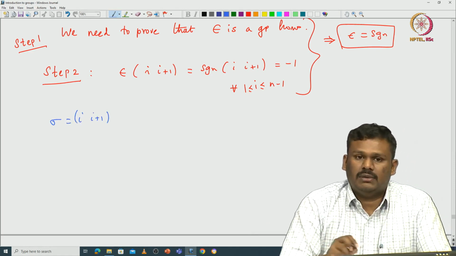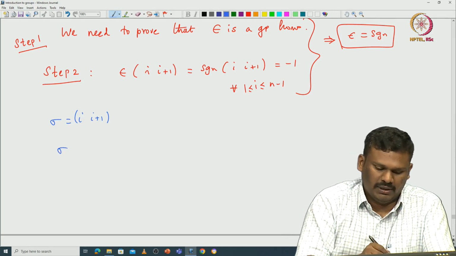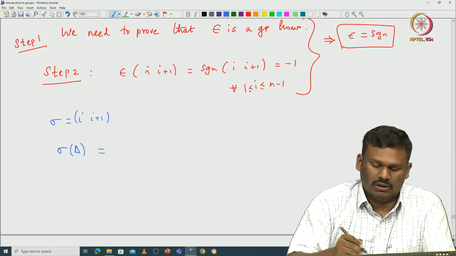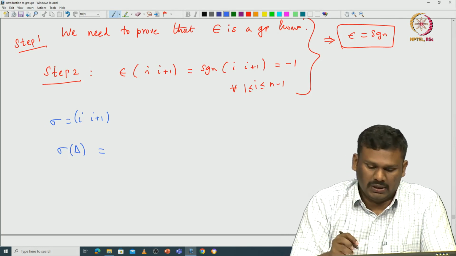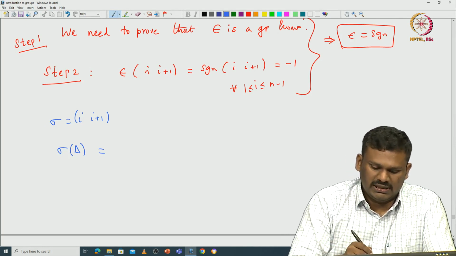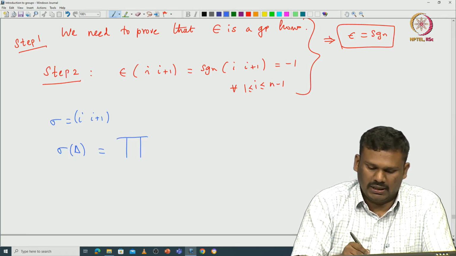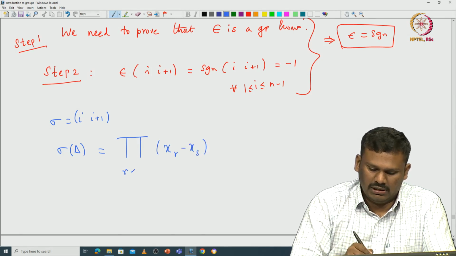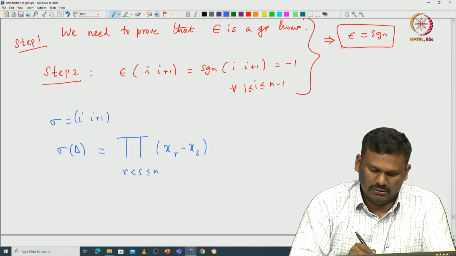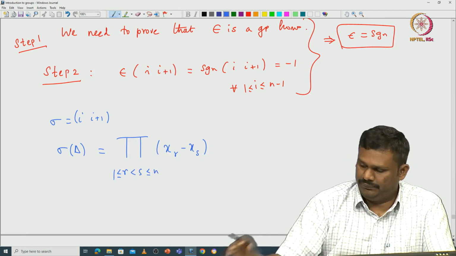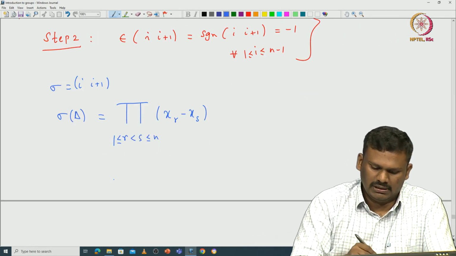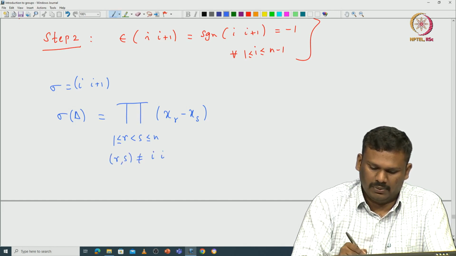If you take sigma equal to i plus 1 and apply sigma to delta, you can see that you just keep all the products x_r minus x_s, where r is less than s, and the tuple (r, s) should not be i, i plus 1.